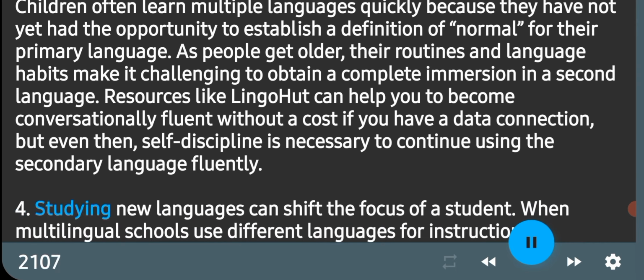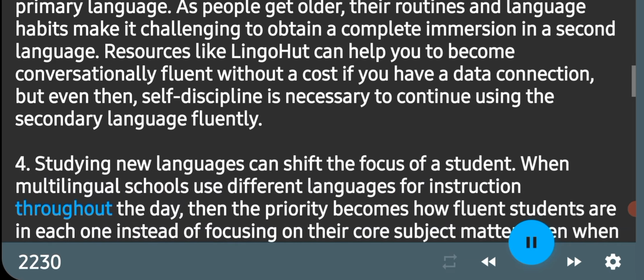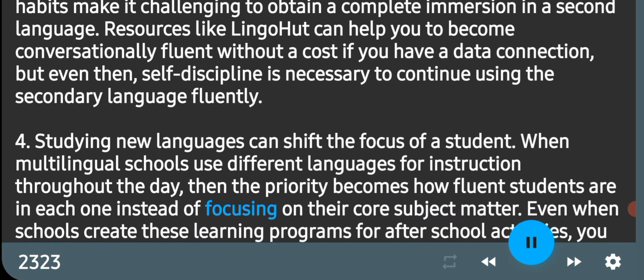4. Studying new languages can shift the focus of a student. When multilingual schools use different languages for instruction throughout the day, then the priority becomes how fluent students are in each one instead of focusing on their core subject matter.